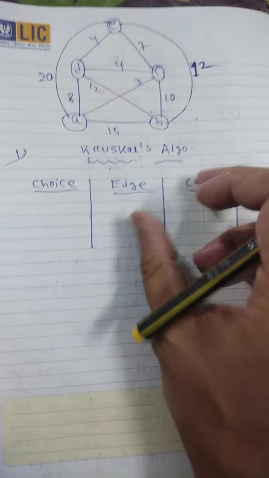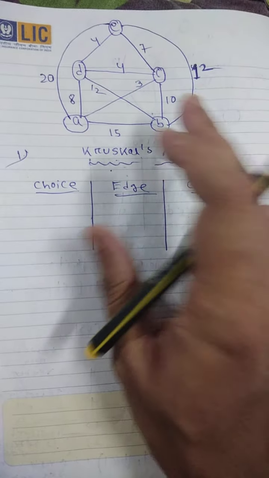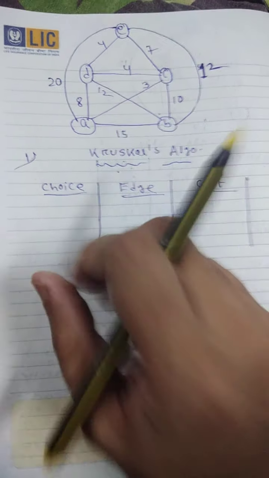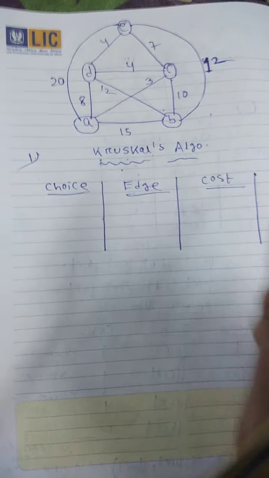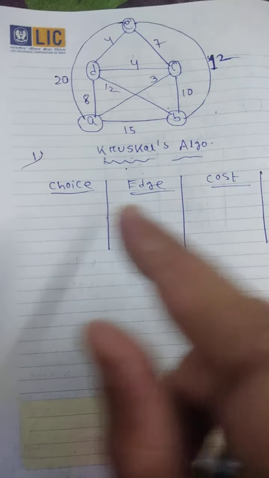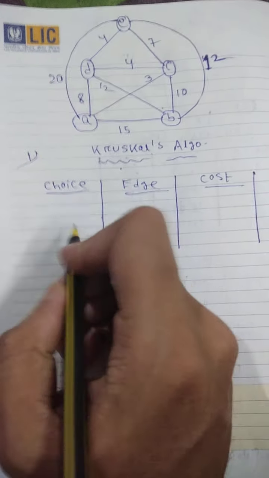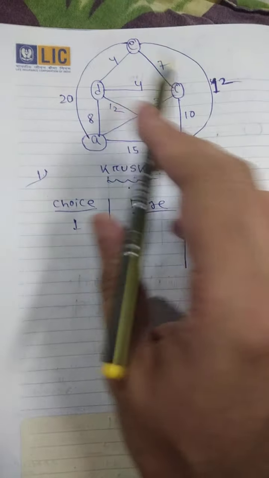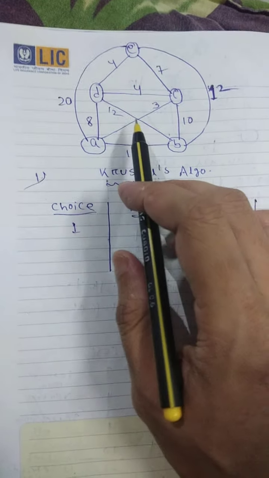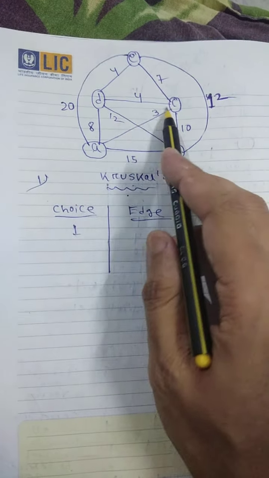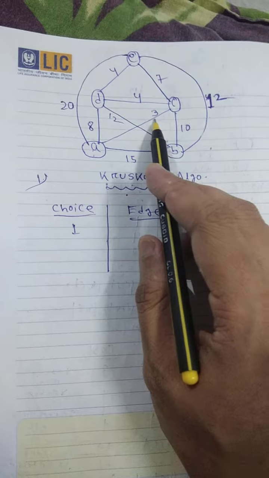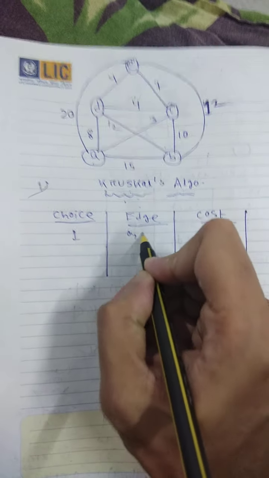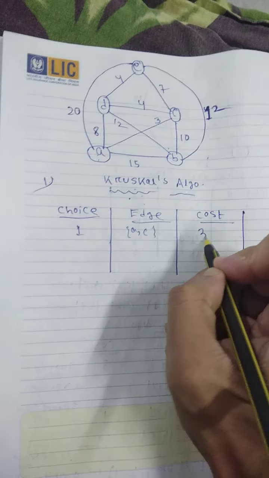So what do you know, in the Kruskal algorithm we start with the minimum edge, then select the next minimum edge if it does not create any cycle. So first we choose the minimum edge. See here, AC has the minimum cost value 3, so here we choose AC, minimum cost is 3.